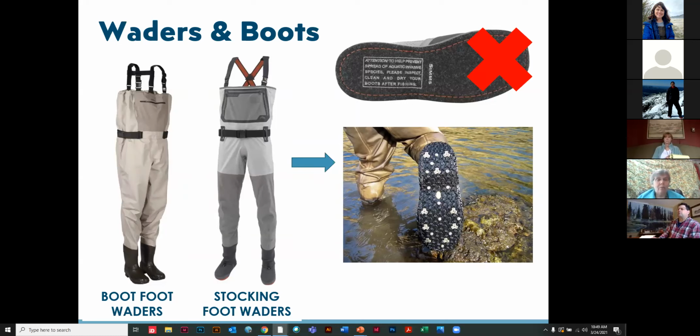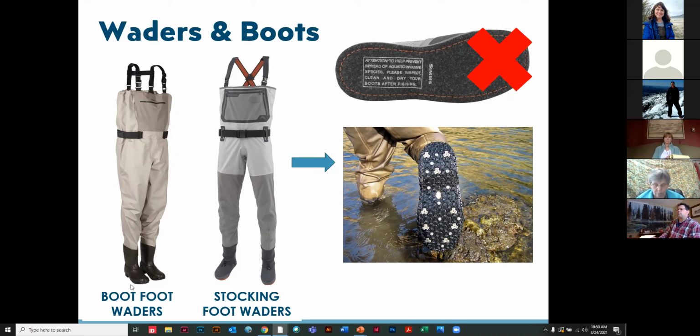Okay, great. So felt bottom boots can carry a lot of invasive species, or also Didymo, which is technically a native, but you know, it's changing due to changing water temperatures. So to protect your waters and to prevent the spread of invasive species, do not buy felt bottom boots.